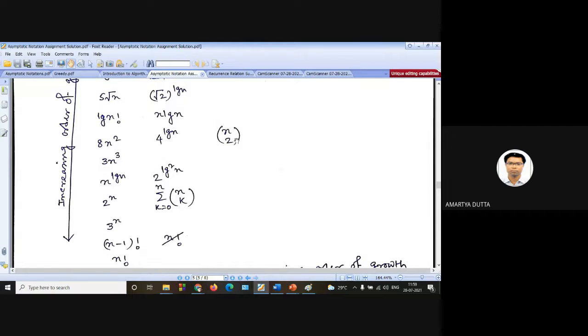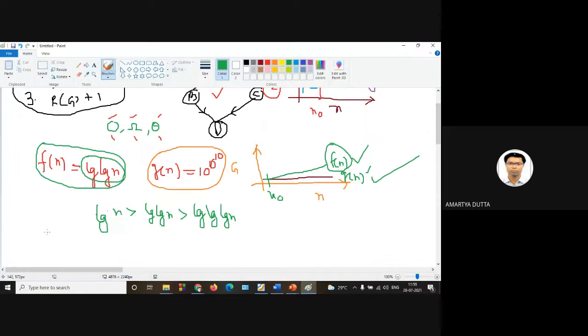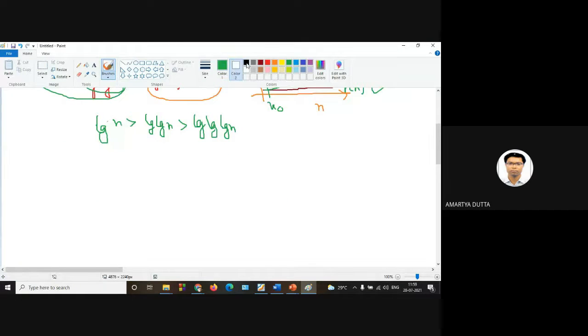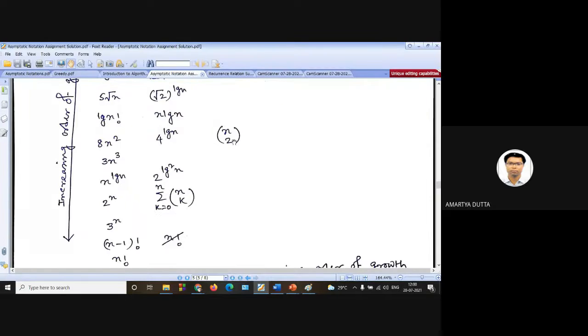If we expand this nC2, we get n factorial divided by 2 factorial into n minus 2 factorial. Sir, overall the expansion of nC2 will be n into n minus 1 by 2. So yes, overall complexity will be n square.